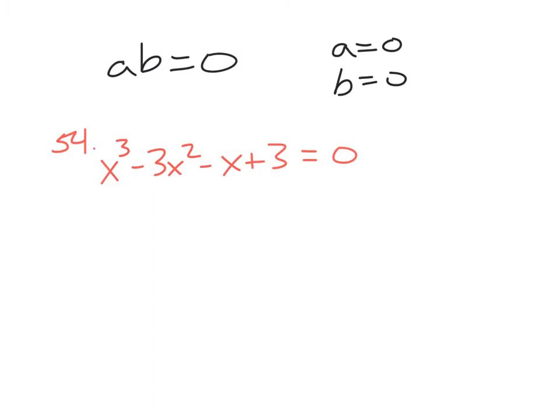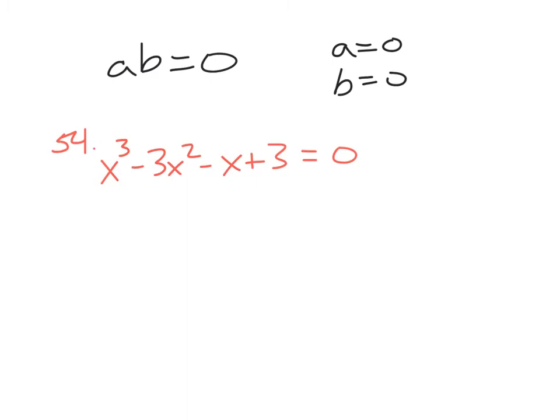Did you say degree or index? It's the degree. So what is the degree of this? It's 3. What is the significance of the 3? It's telling you how many potential answers there are going to be. That doesn't mean that you can find all 3, but you should be looking for 3. But we're going to do this one by factoring.